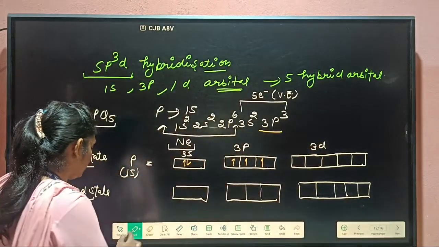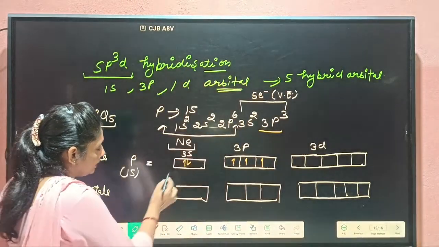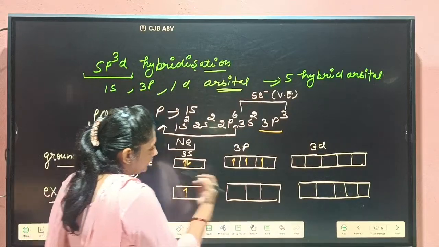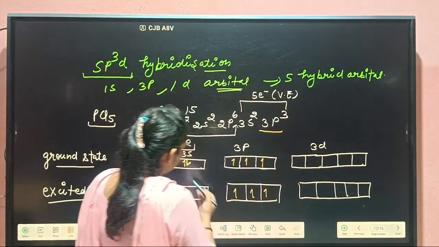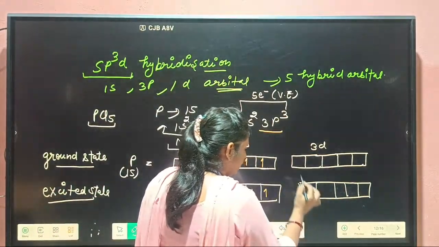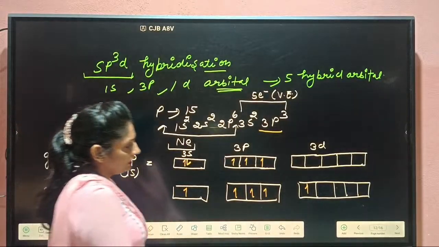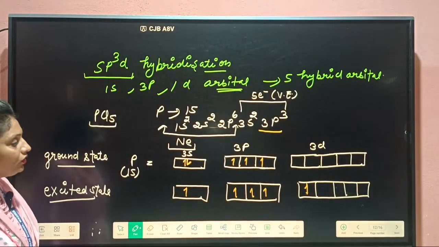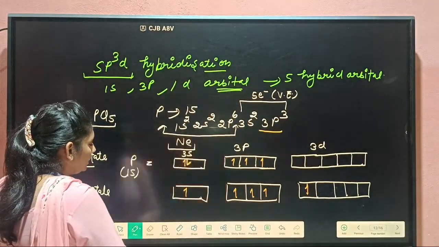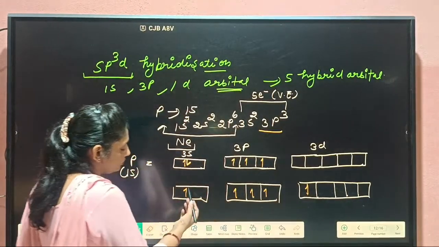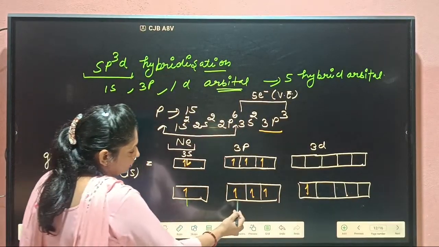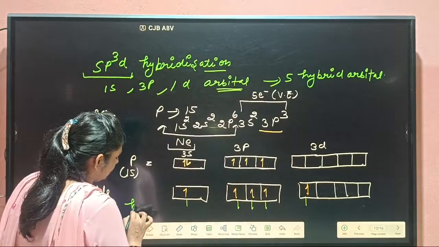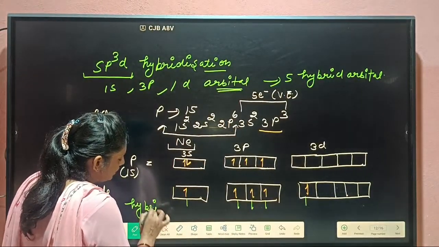One electron from here can get excited and move to 3d, the next energy level. Then you can see how many unpaired electrons we have: 1, 2, 3, 4, 5. These 5 are the hybrid orbitals.